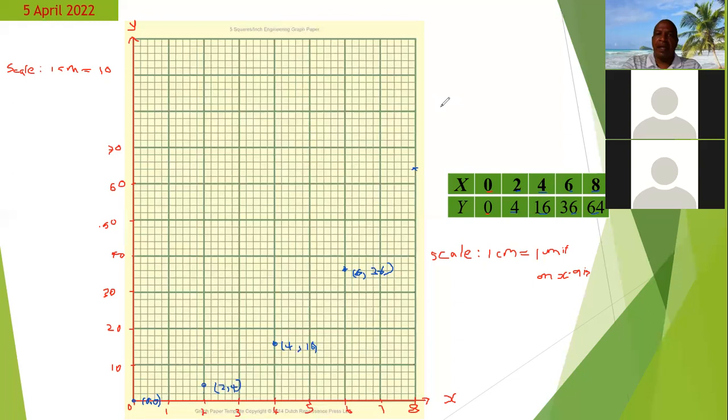And so we could highlight now our points. And then now we would label our points. So this point here would be x equal to 8 and y would be equal to 64. All right, and then we close our brackets.